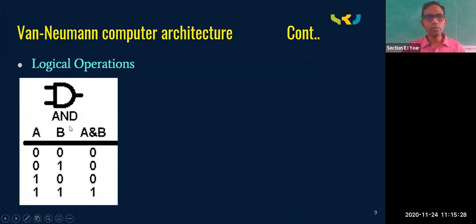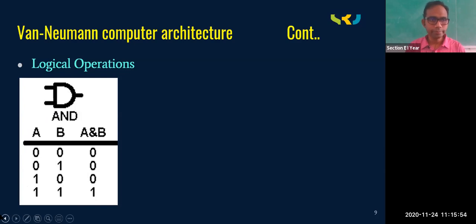Ignore this symbol as of now. You may call it 0 or 1, or true or false. Both are the same. 0 means false, 1 means true. 0 and 0 is 0. False and false is false. 0 and 1 is 0. 1 and 0 is 0. 1 and 1 is 1. If both the inputs are 1, then only the result is 1 in this case.